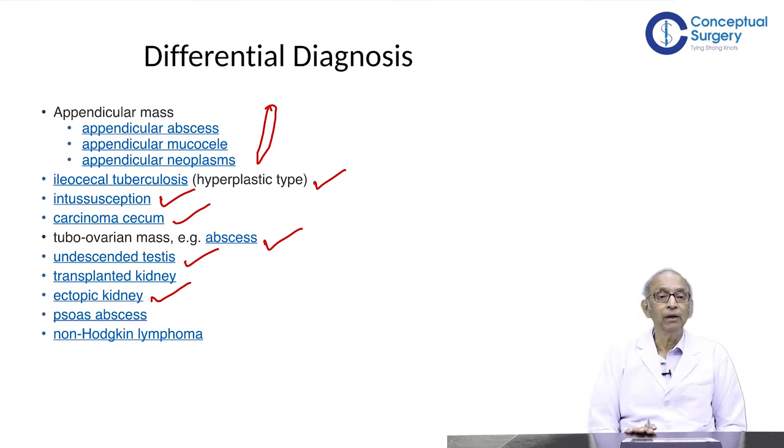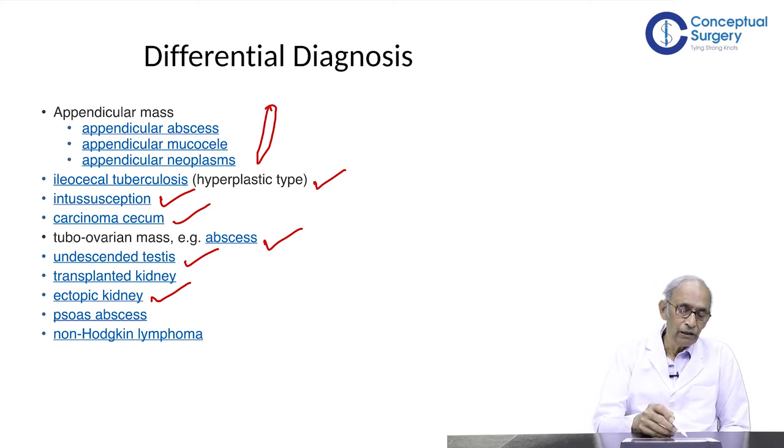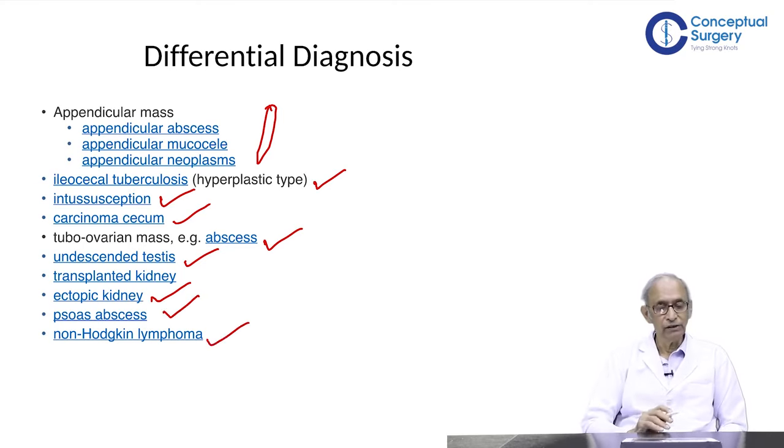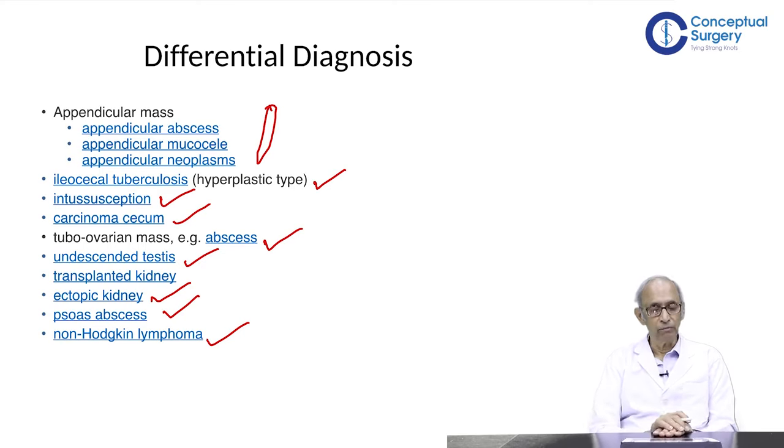You must keep this in mind because it is within the experience of several of us that occasionally patients with psoas abscess have presented in the right iliac fossa. And last but not the least, non-Hodgkin's lymphoma. Obviously, it is a nodal pathology which is presenting here.